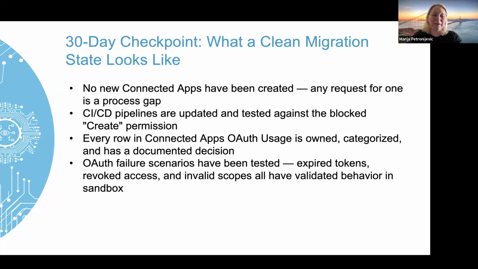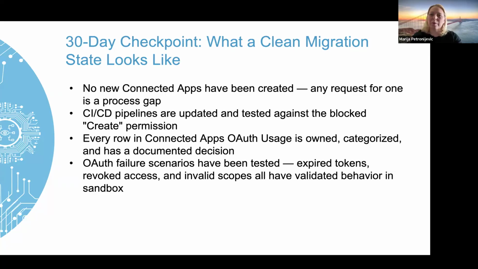You tested your pipelines. You test connectivity. You make sure your app can connect, but you also make sure it cannot do what it's not supposed to do. Make sure you do both positive and negative testing. When you do this, every connected app is owned, categorized, documented, and some failure scenarios will be tested. Are there expired tokens? Has access been revoked?